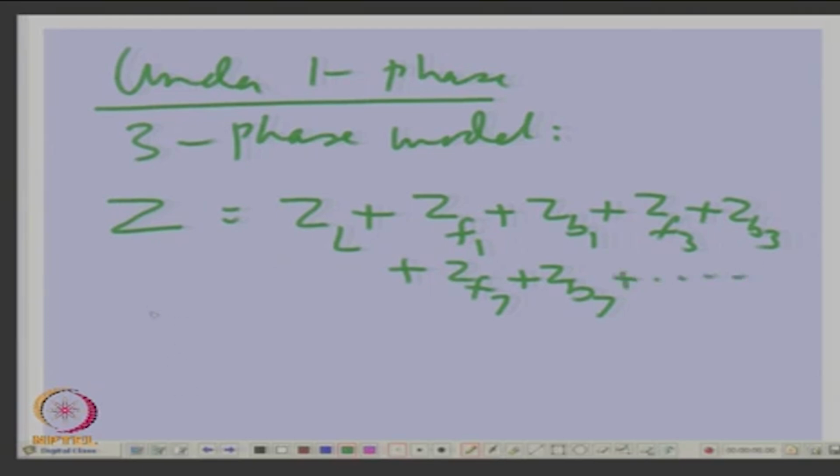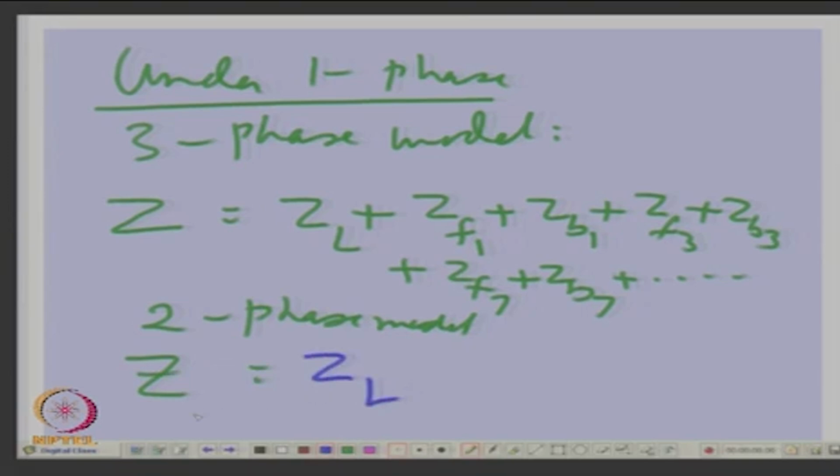Okay. In a 2-phase system, will it not be same? Z will be ZL, because here it is (Z1' + Z2')/2. So, ZL will be available in both. Then again it will be ZF1, because ZF1 is present only in the positive sequence. Then ZB1 will be available from the negative sequence, and then you will have ZF3.